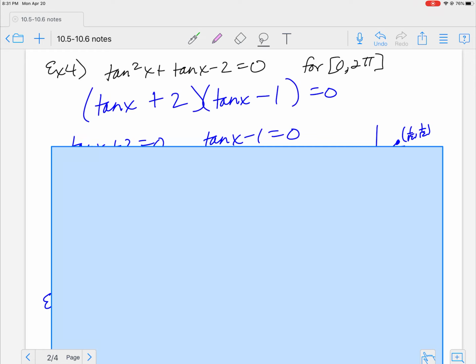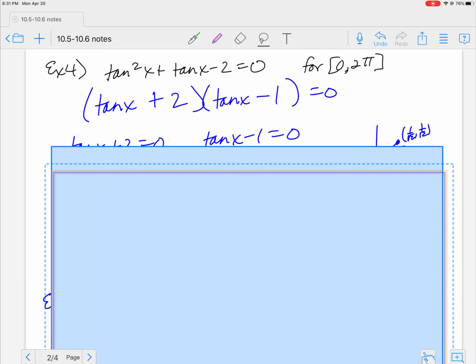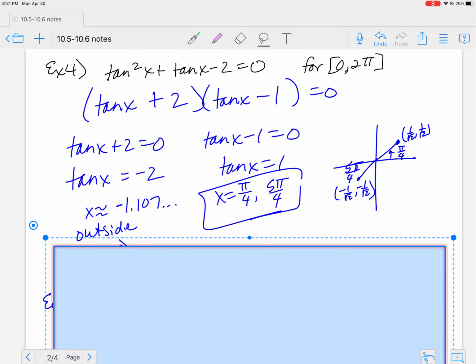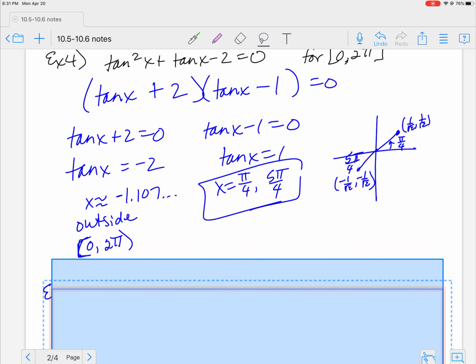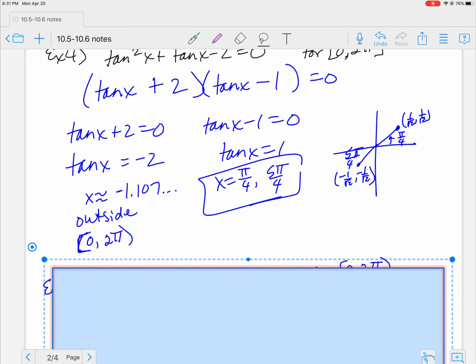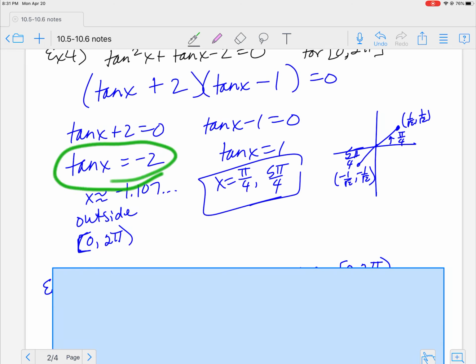Let me scoot this down again. Then you set each one of those equal to 0, and then look at what's happening right here. I have x is equal to negative 2, so x is approximately negative 1.107.